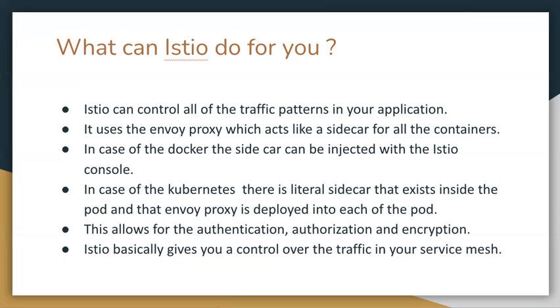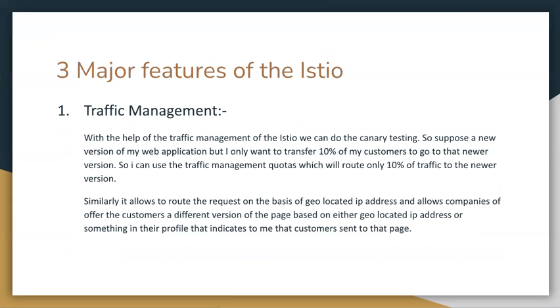That is why we use this Envoy proxy as a sidecar across all our pods in Kubernetes. So this is how Istio provides you the overall data and information about what is happening inside your service mesh.